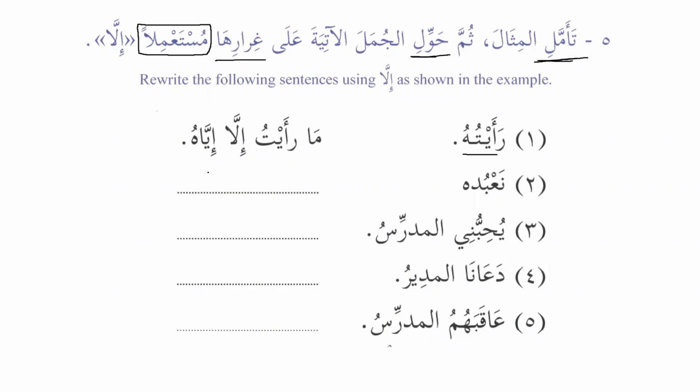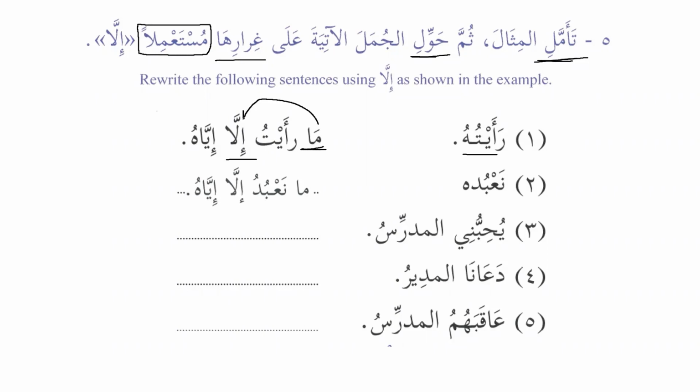Na'buduhu, now we want to say we don't worship anyone else except him, Azza wa Jal. La na'budu illa iyyahu. Excellent. Ma na'budu illa iyyahu. Yeah, because the pattern here says ma and illa. So we have to follow the pattern.